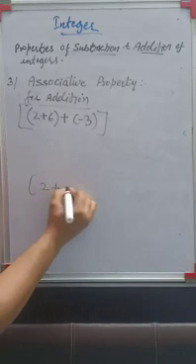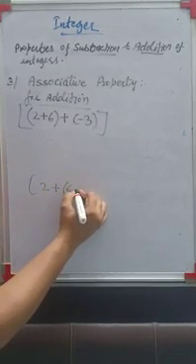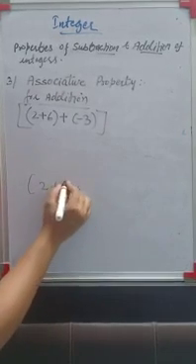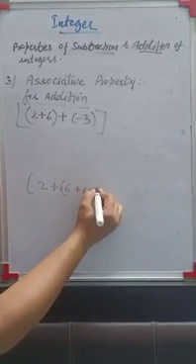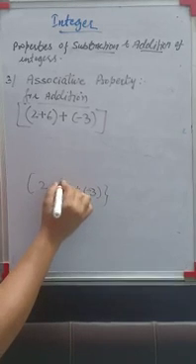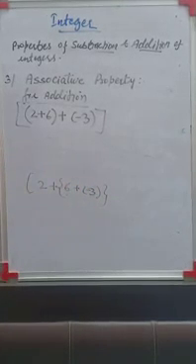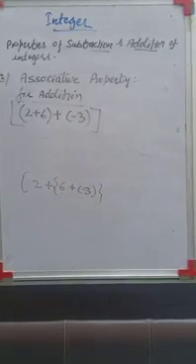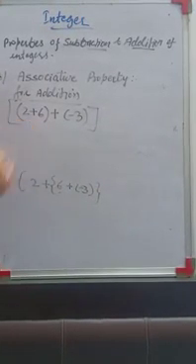Now, second grouping I am doing like that: 2 plus, and then the bracket around 6 plus minus 3. Whether both are true or not. So how will it be done? First I am checking this one.